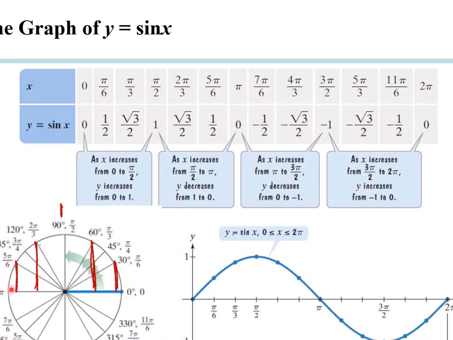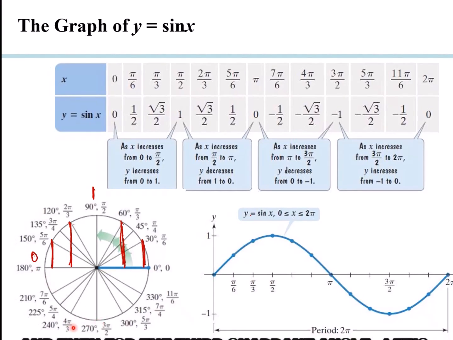At pi, the y value is 0 once again. And then for the third quadrant angle, let's say 7 pi over 6, we get a y value which has the same distance as what we had at 5 pi over 6 or pi over 6, but this is a negative value, a negative y value. So at 7 pi over 6, the y value is negative half. The distance is the same.